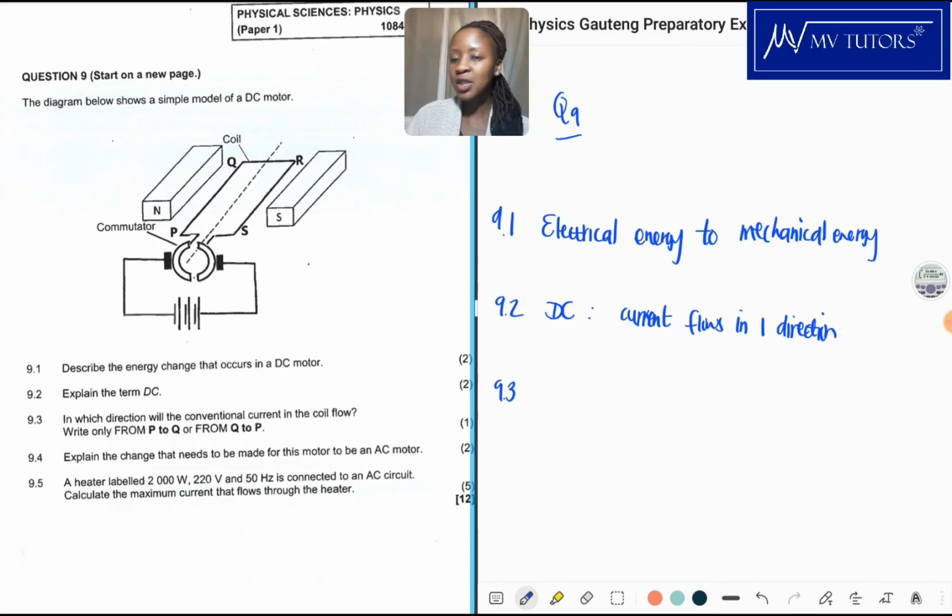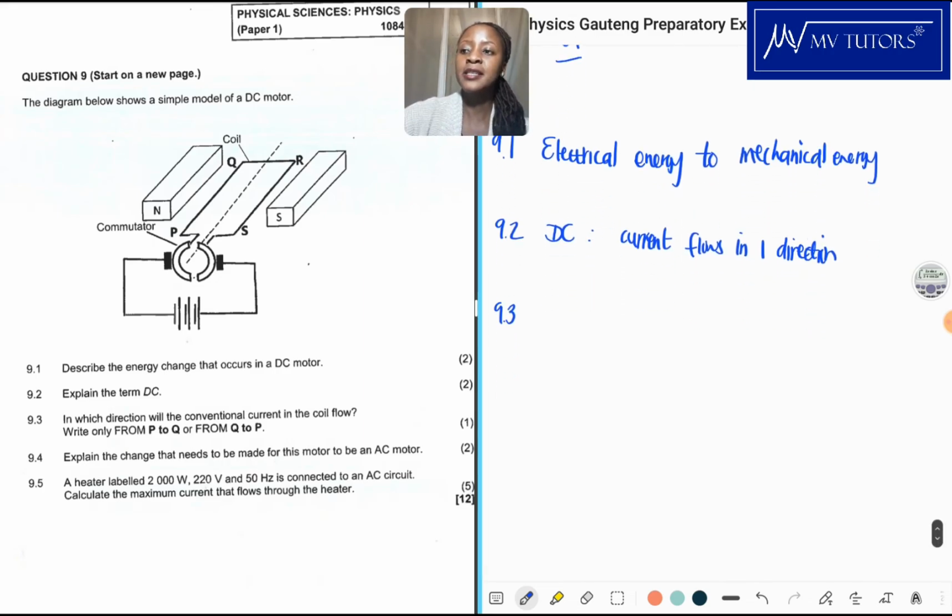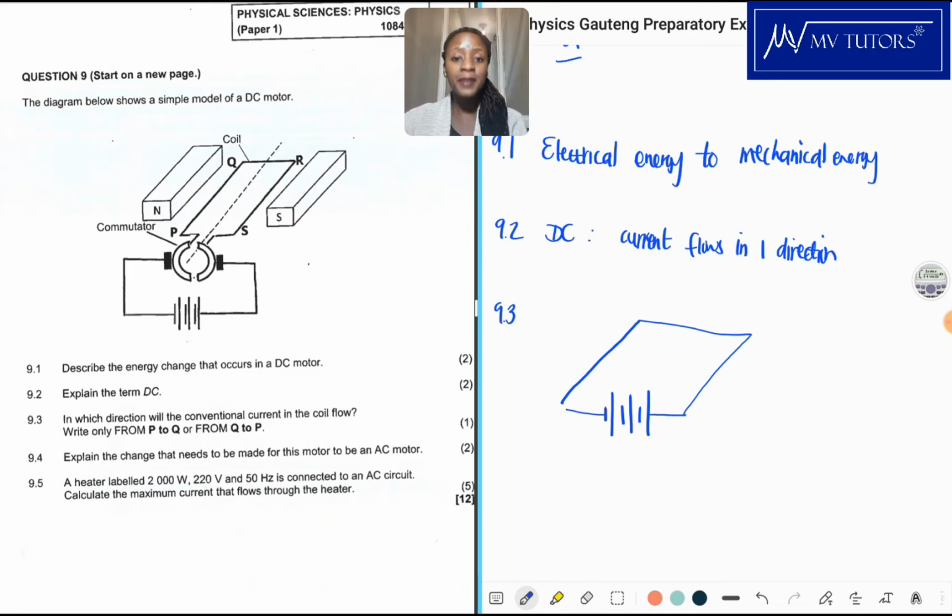But what will actually give us a good idea is the battery. So you have a negative terminal and a positive terminal, then you connect to the split ring commutator and then it goes all the way to the wire. It's not fully correct because we have taken out the split ring commutator. It's split so that you only have current in one direction.